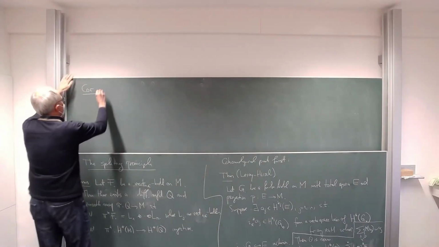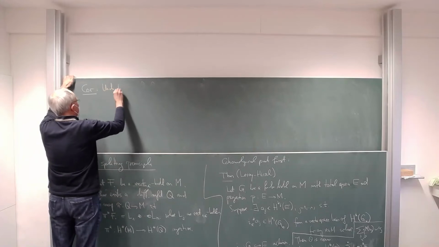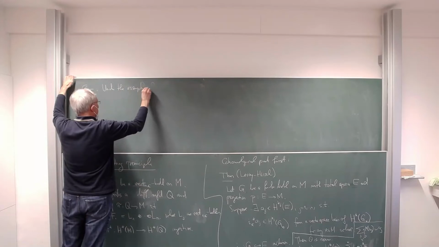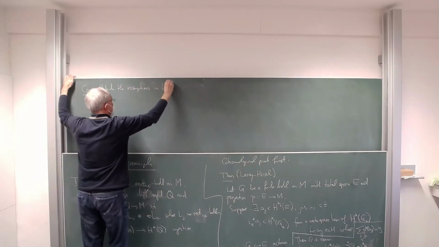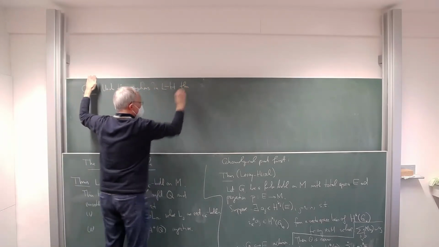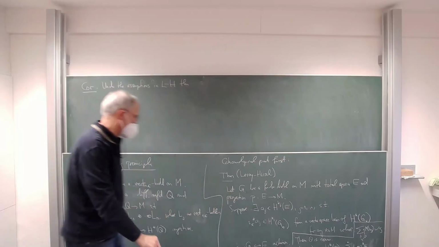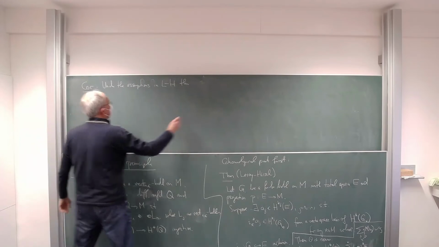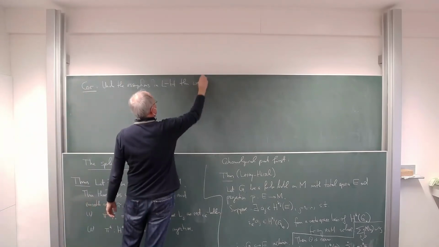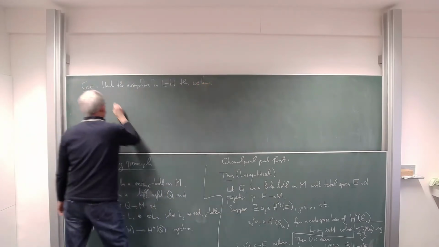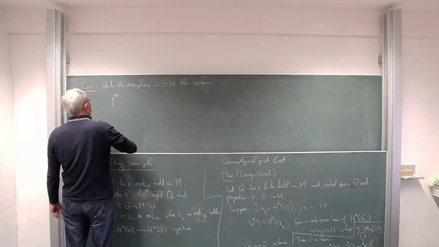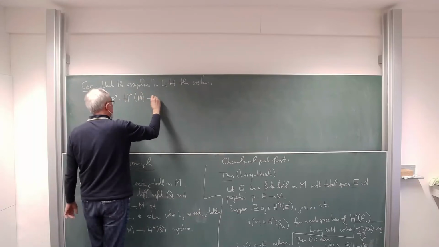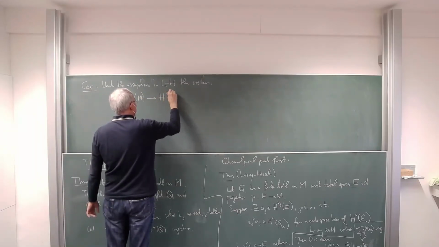So, under the assumptions in the Leray-Hirsch theorem, so that you have these classes which restrict to a basis of the fibers, the projection map induces an injective map from the homology of the base to the homology of the total space.